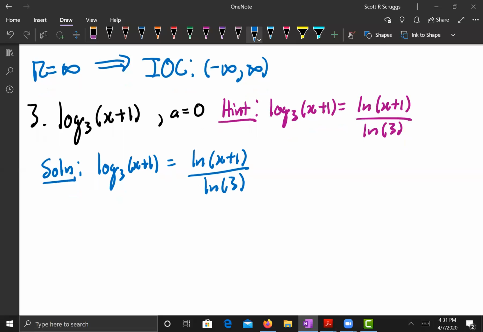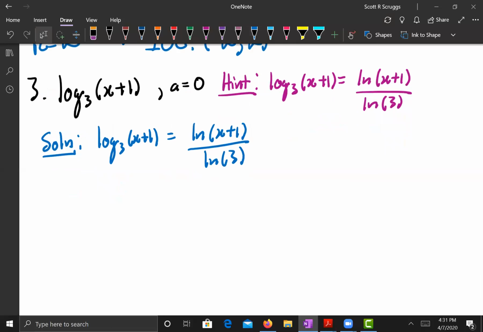The reason why I want to work with that is because at the end of section 11.3, natural log of 1 plus x, or x plus 1, is one of the series that I know stuff about.